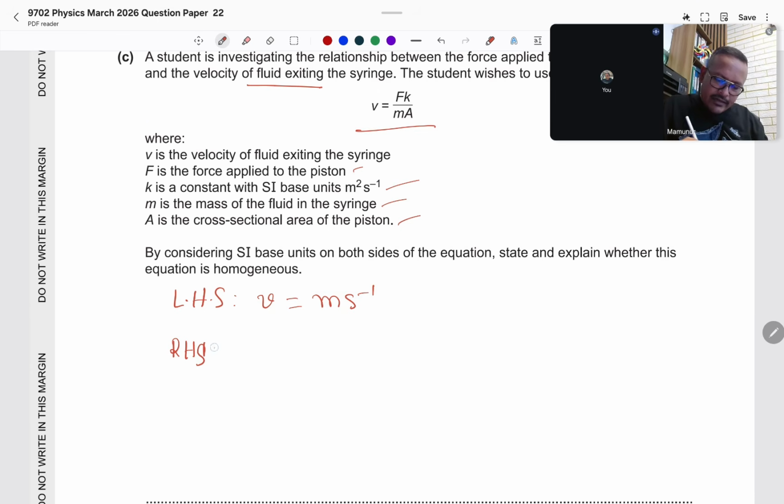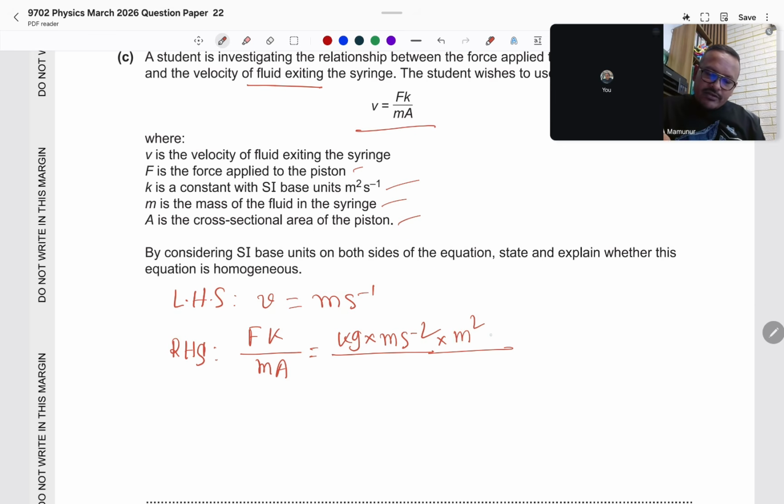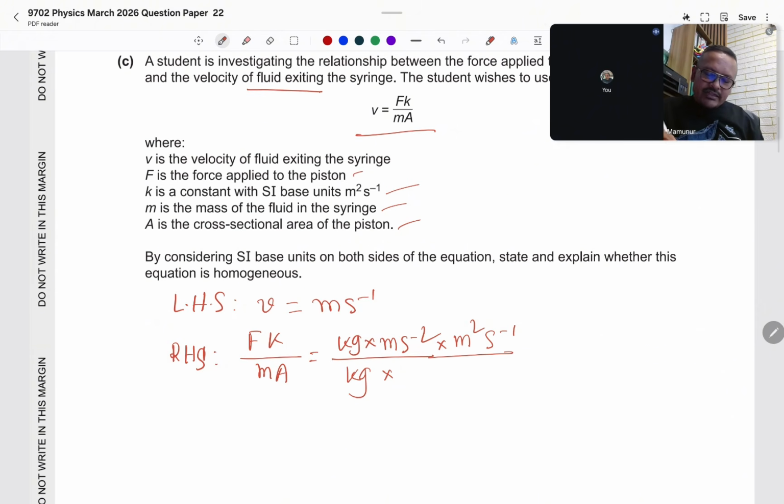On the right hand side, Fk divided by ma, where F is the force, kg into meter per second square, k is a constant, meter square per second, small m is the mass which means kg, and A is the cross sectional area, meter square.